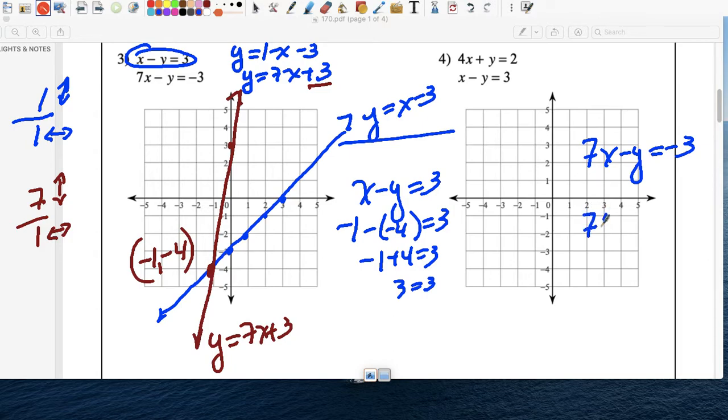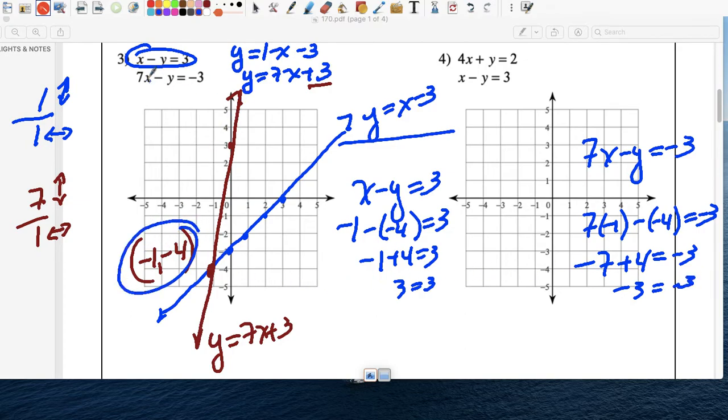We get 7 times -1 minus -4 equals -3. Let's see if that's true. 7 times -1 is -7. Negative and negative gives me +4. Well, you can see that they're equal to each other. So our solution worked for both equations. You could have substituted in this equation and this equation; it doesn't really matter.